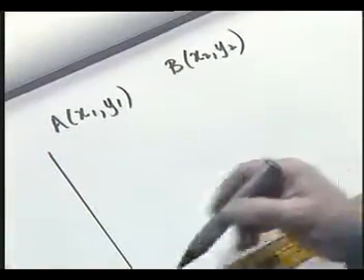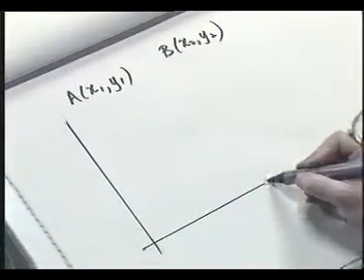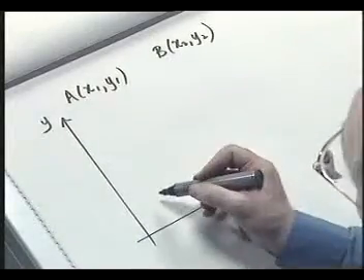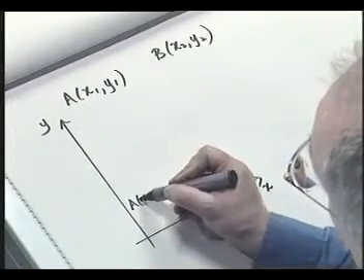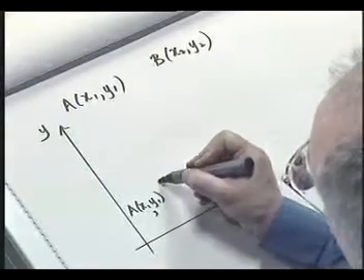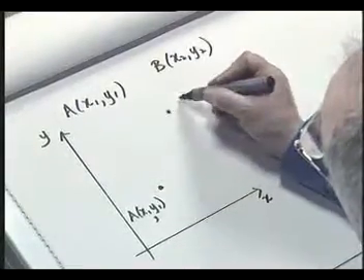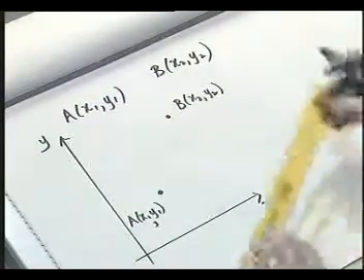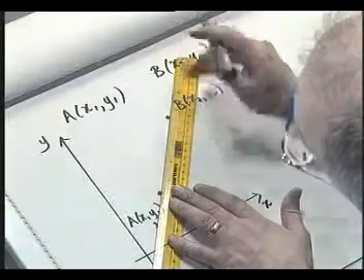Let's just have a quick sketch. So I've got a point A, coordinates x1, y1, and another point B, coordinates x2, y2. And we're interested in the equation of this line which is joining them.